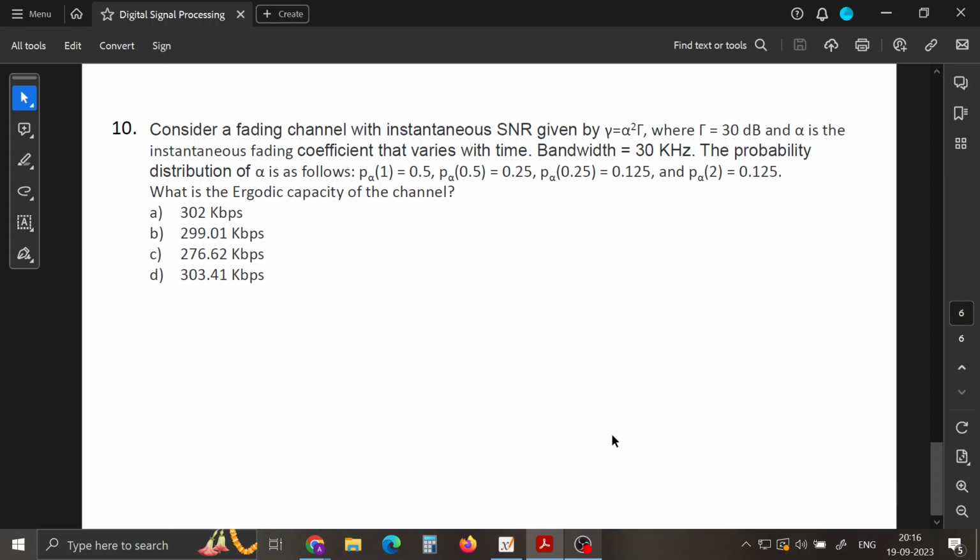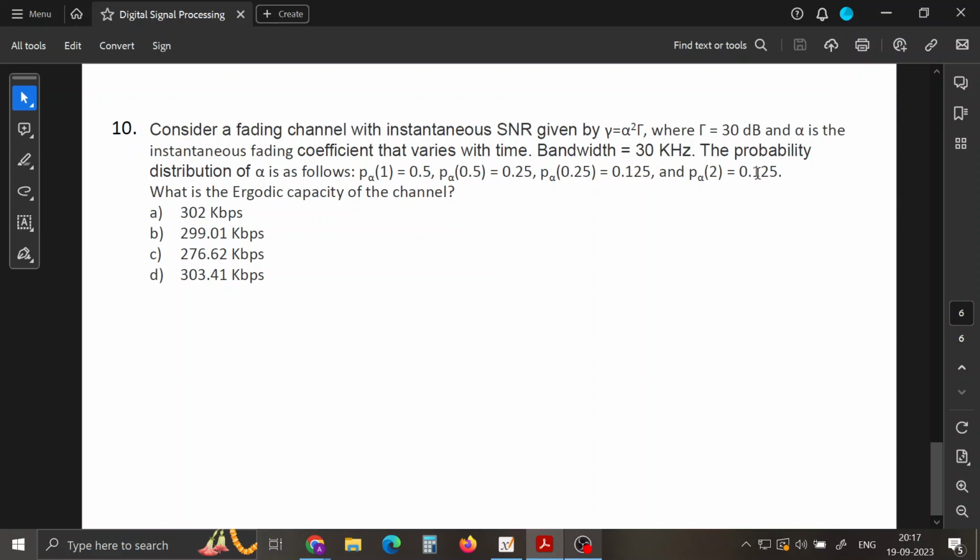The probability with which it takes the value 0.25 is 0.125, and finally the probability with which it takes the value 2 is 0.125. That's a valid probability distribution because all of them are non-negative and less than 1, and if you add all the probabilities together, you get 1. 0.5 plus 0.25 plus 0.125 plus 0.125 gives you 1.